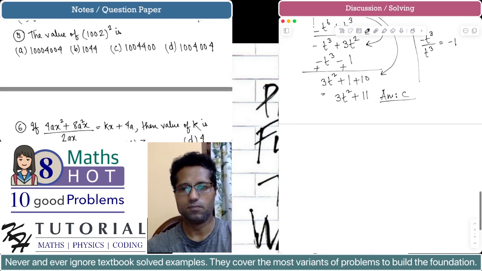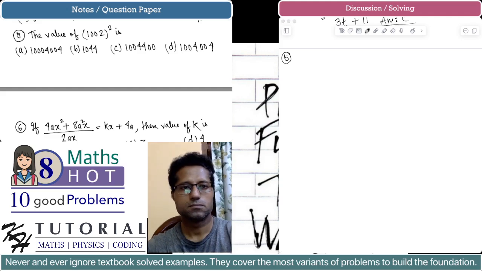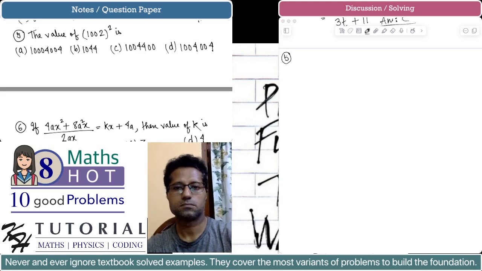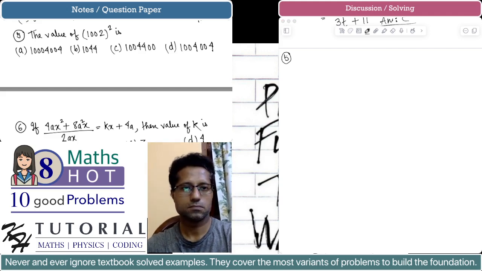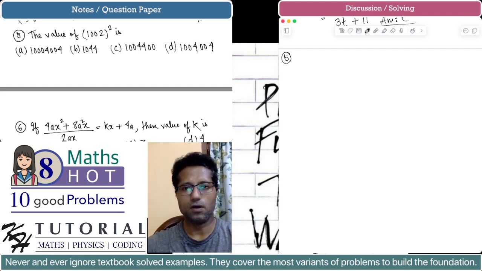Okay, let's do problem number 5. It is asking the value of the square of 1002.